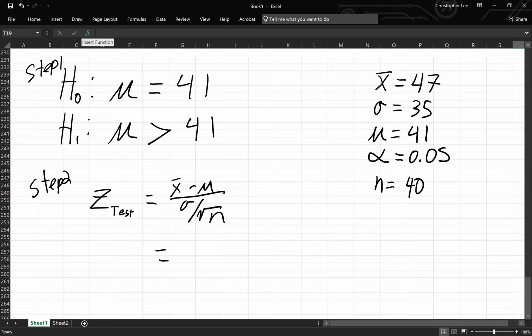This one? 35, yeah, because that's our sigma, right? And then divide by the square root of whatever n is. The second square root.